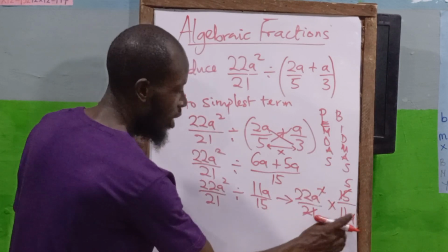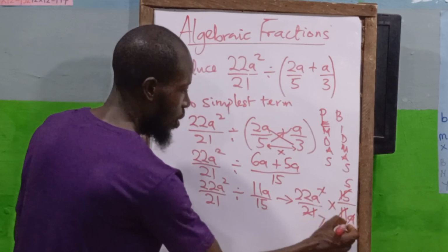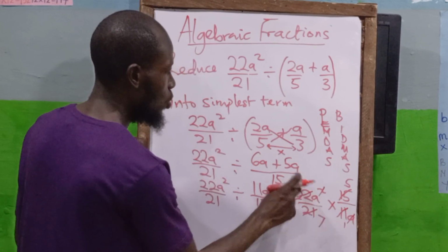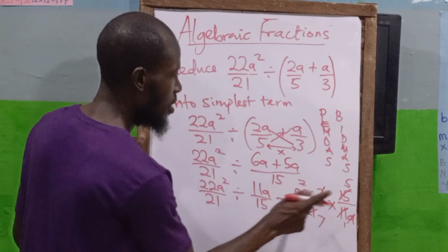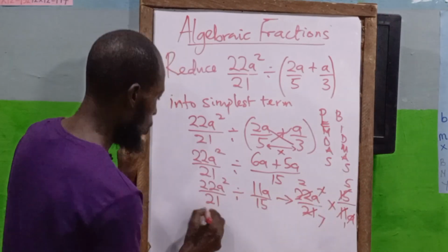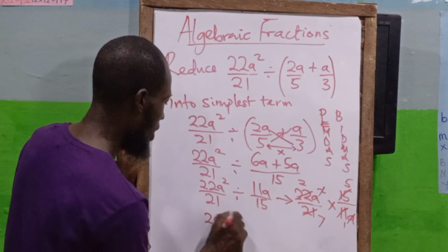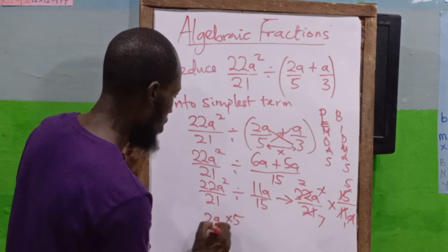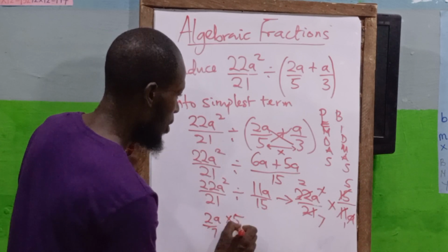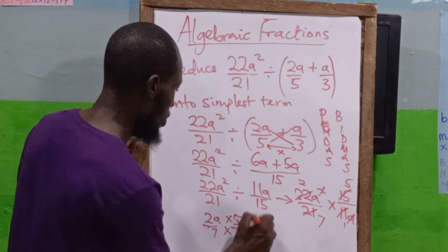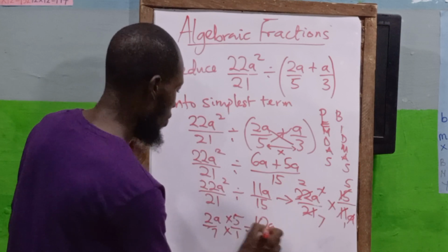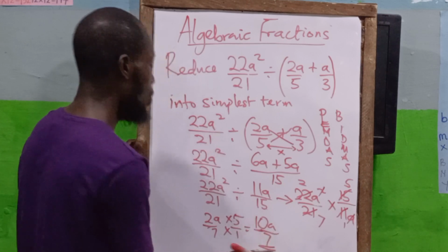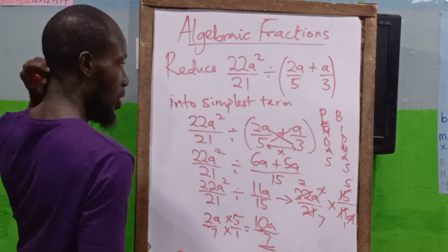So we are left with 2a times 5, and 7 times 1. This gives us 10a over 7. That is the solution to this question.